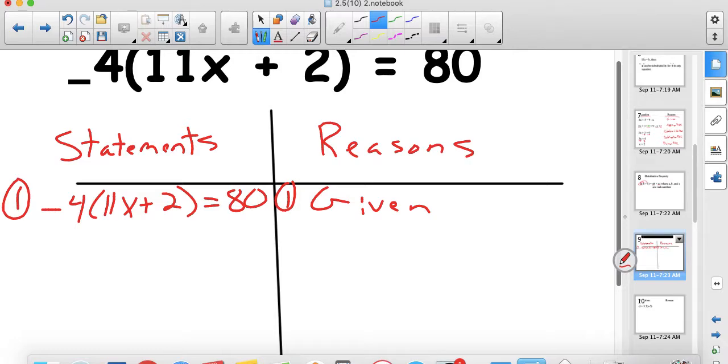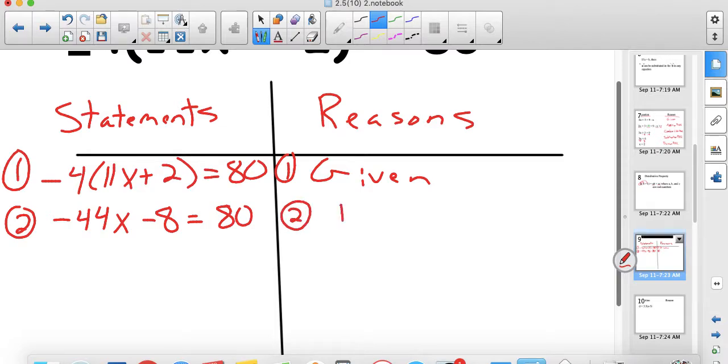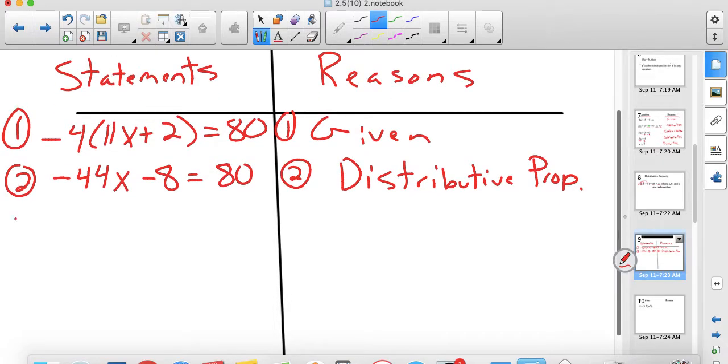First step, we need to distribute that -4. So we get -4x minus 8 equals 80. That was our distributive property we just went over. Now we'll add 8 to each side. So we get -4x equals 88.